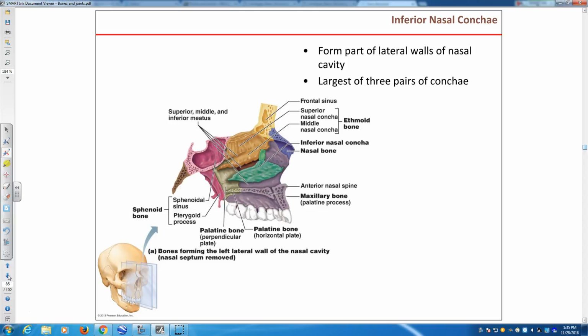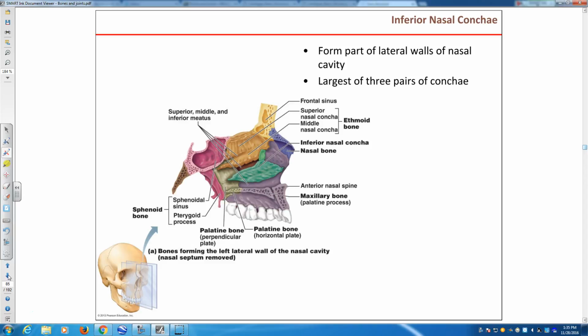Inferior nasal conchae, they labeled green on the picture. I won't be able to show them to you clearly on the skull. You can look into the nasal cavity and identify them yourselves on the sides, the folds on the sides of the nasal cavity.